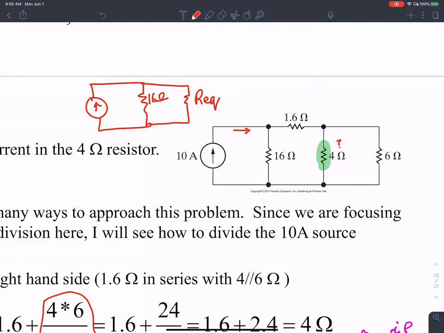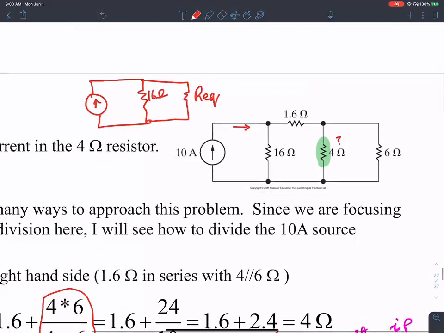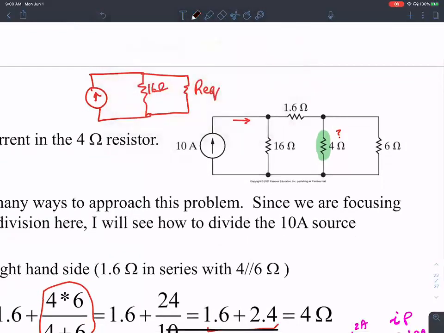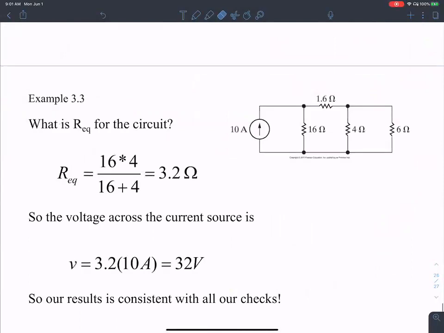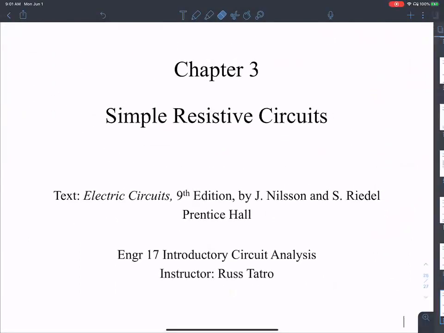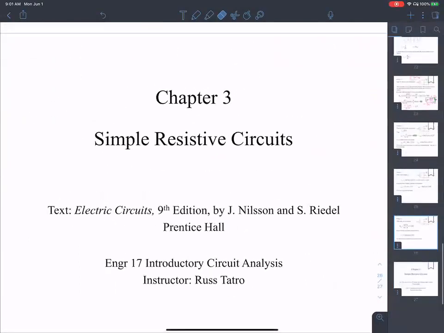What if there are three resistances in parallel, as in this case? If there are three resistances in parallel, then what happens is, let me add a page here.